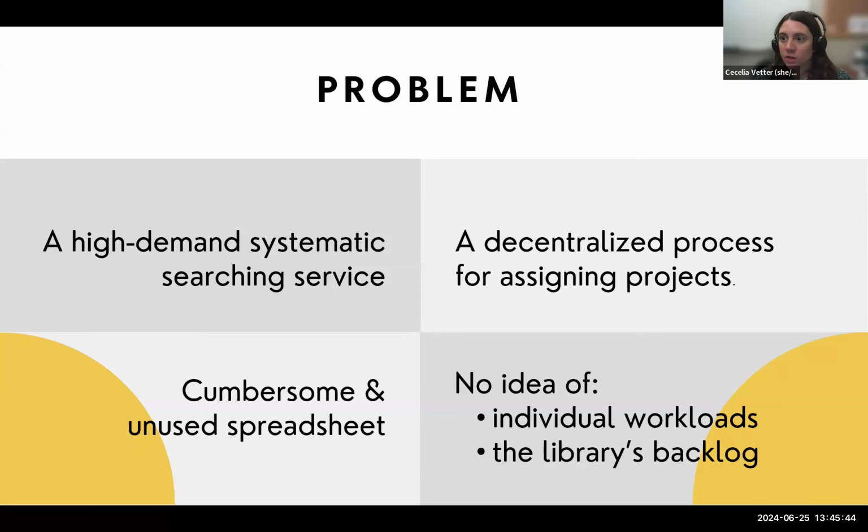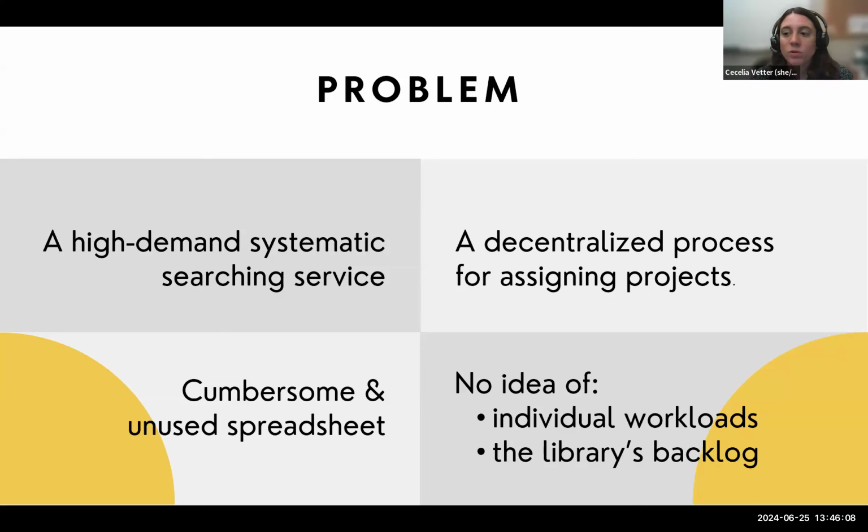So what was the issue that we were having? Our evidence synthesis service was and is in very high demand. Previously, we had a more decentralized process for assigning search projects. A librarian would receive a request either through their personal work email or if they were on our reference email and they happened to have a shift then.